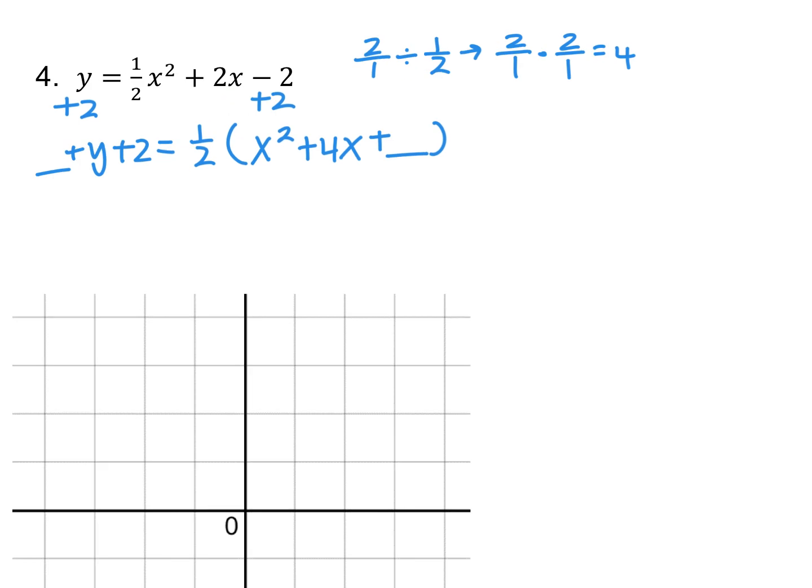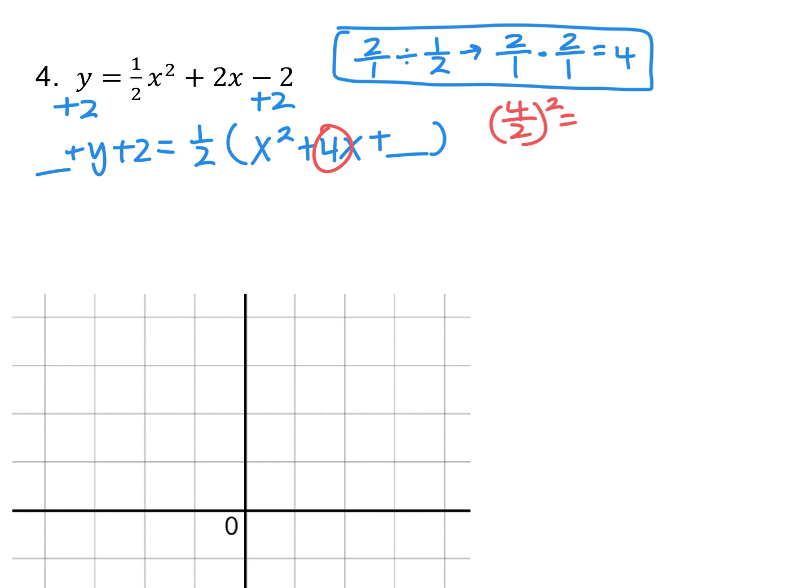So now with this, I'm going to do my b over 2 squared with this number. So 4 over 2 squared, 2 squared, 4. So I add a 4, but I don't just add a 4. I actually add a 4 times 1/2. So now we're going the other way. We're not dividing anymore. 4 times 1/2 is 2. Okay?